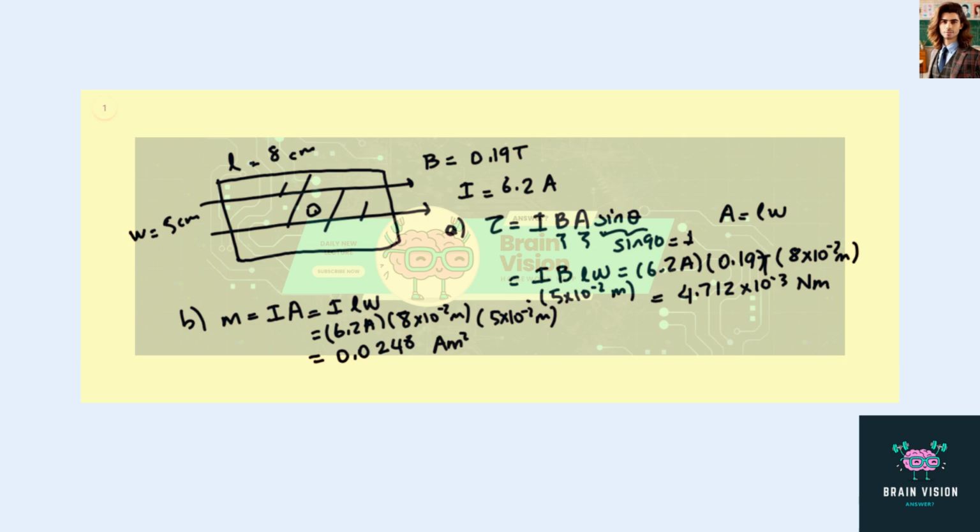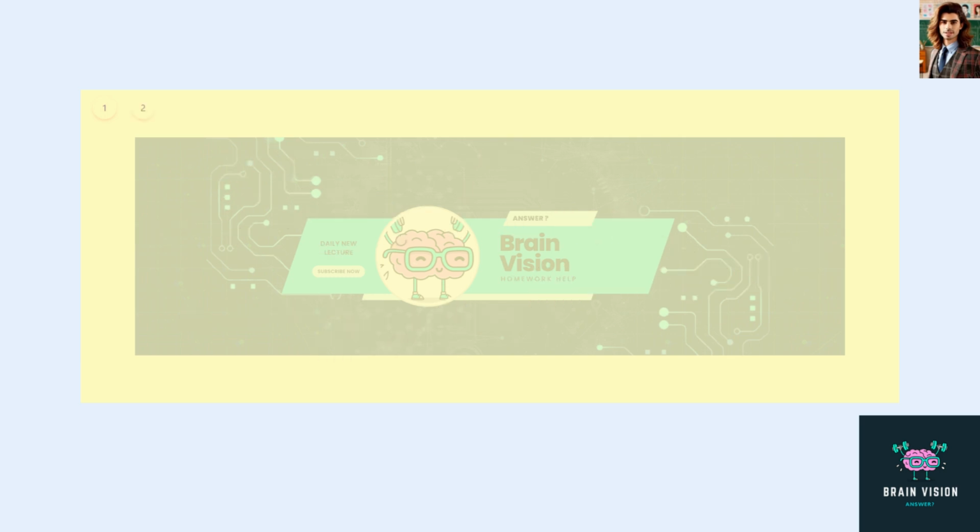Now, in part C, something interesting is happening. In part C of the problem, we are to calculate the maximum torque by keeping the overall wire length, meaning the two widths and two lengths, constant, but changing the shape of the loop.